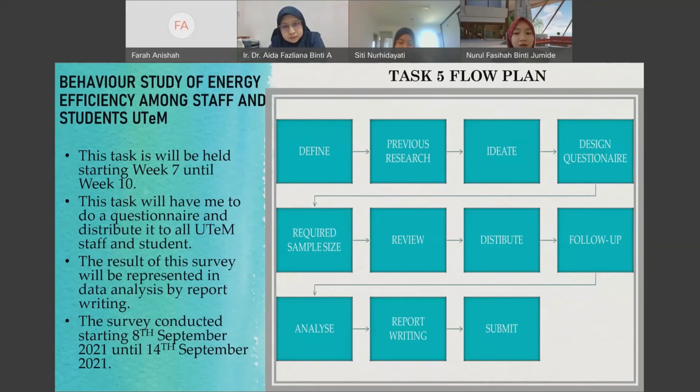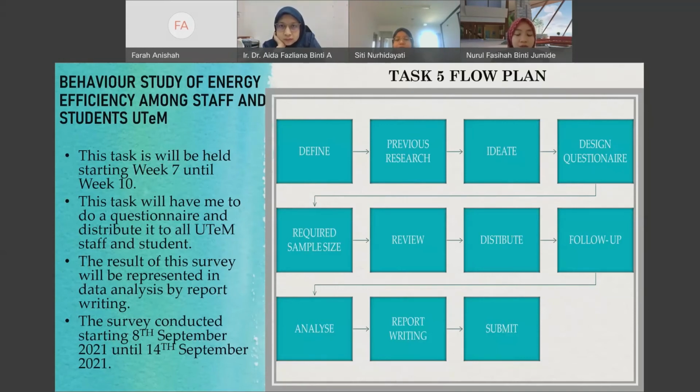After that, I chose the required sample size. How did I choose it? I used the required sample size table that I got from the previous research, and used that table to get the required sample size.